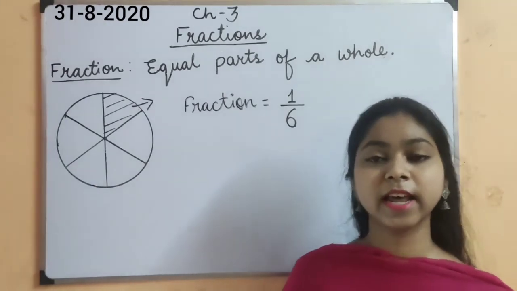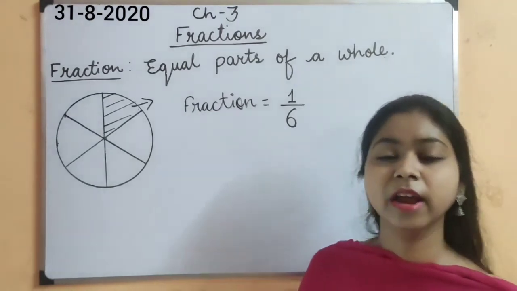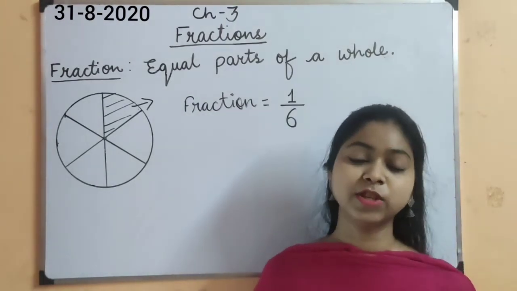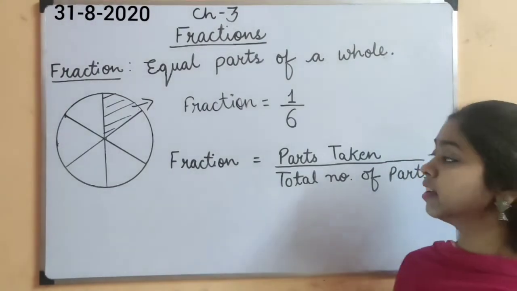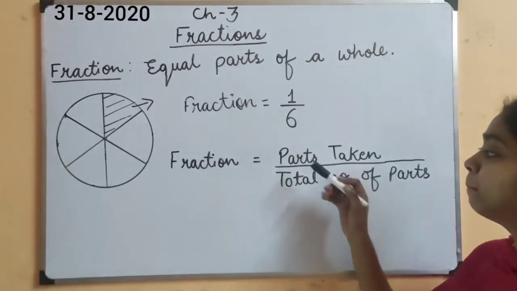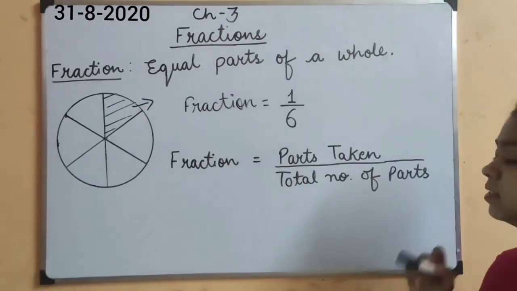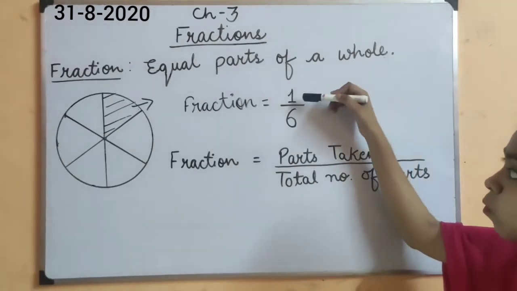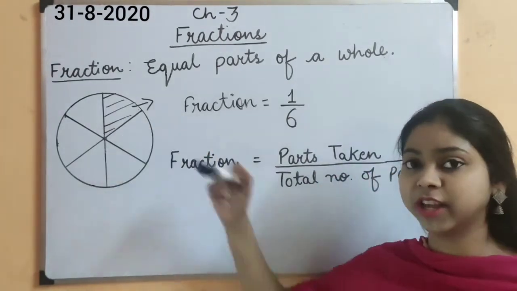Now, we should understand why these 2 numbers are written and what do we call these 2 numbers? So, our fraction is written in form of parts taken upon total number of parts. As we can see here that 1 is the part taken. How much part we have taken.